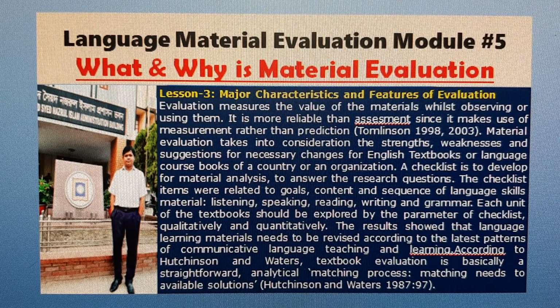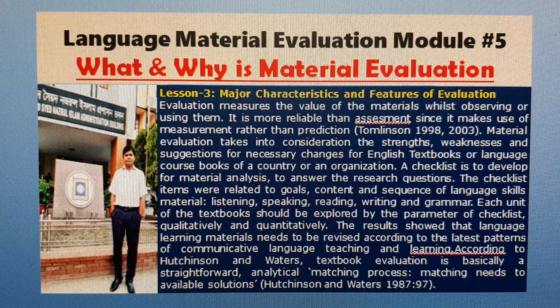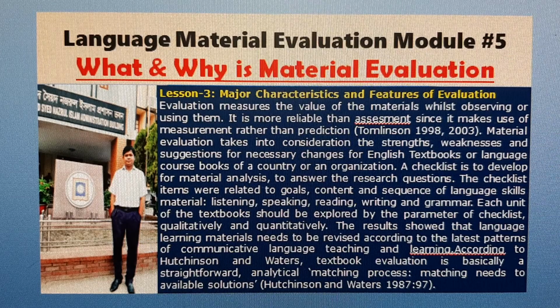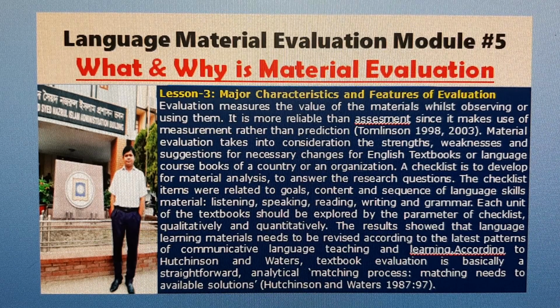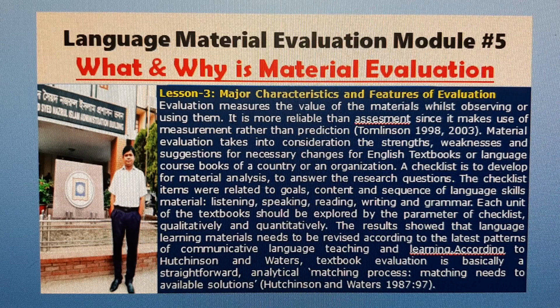A checklist is developed for material analysis to answer the research questions. The checklist items will be related to goals, content, and sequence of language skills material: listening, speaking, reading, writing, and grammar. Each unit of the textbook should be explored by the parameters of the checklist quantitatively and qualitatively.